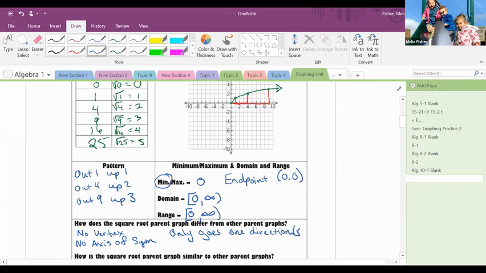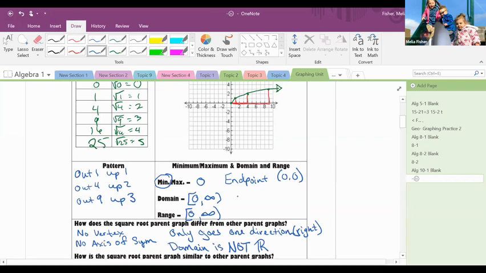And I'm actually going to put in parentheses, it only goes right. So I'm going to put right there. And then the domain is not all real numbers. Okay? The other two, there's no limit to what x can be. I can plug in any x value I want. But when we're talking about square roots, there is a limitation.